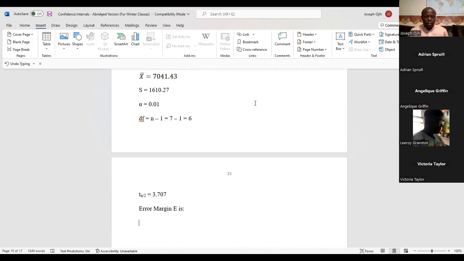Then the standard deviation S is 1610.27, and our N is 7. Okay, good. Let's go and put them in.